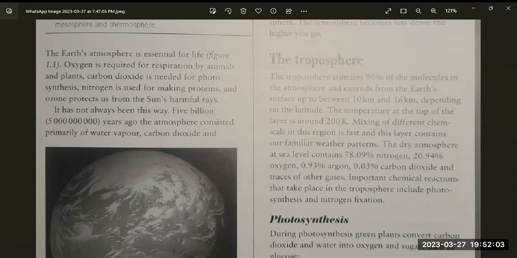Nitrogen is used for making proteins, and ozone protects us from the sun's harmful rays. As I said before, it's not one of the major spheres, but it is part of the conversation, because what is happening now is the depletion of the ozone layer, and it is creating havoc, changing temperatures.